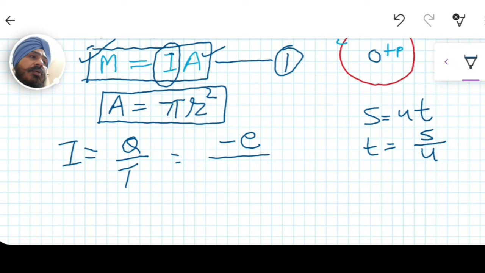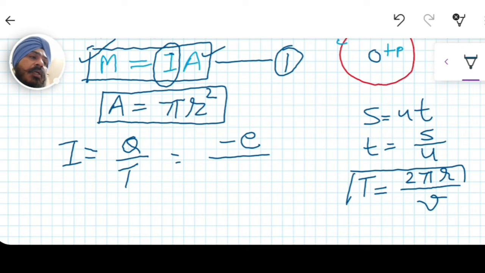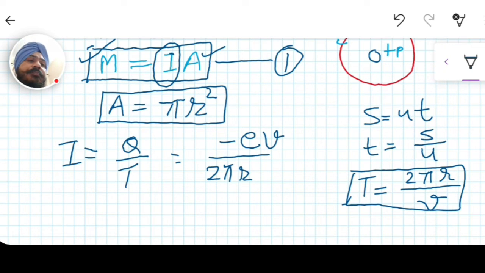Now if the electron is revolving with velocity v, then T can be written as distance of the orbit, which is 2 pi r, the circumference of the orbit, and velocity is v. So T is equal to 2 pi r upon v. This can be filled in the equation of current. So 2 pi r will go in the denominator and v in the numerator. So we have the value of current.